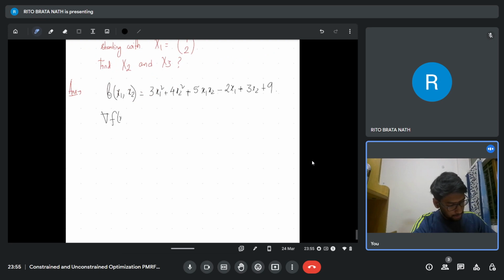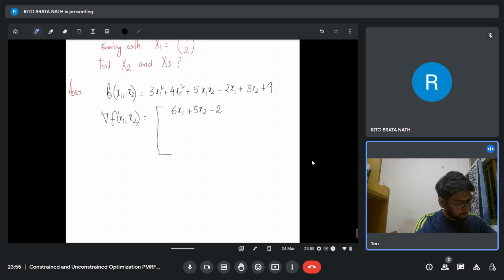Let's first evaluate the gradient. As you all know, first you have to take the partial derivative with respect to x1 and then you need to take the partial derivative with respect to x2 as well. So the first one is 6x1 plus 5x2 minus 2.